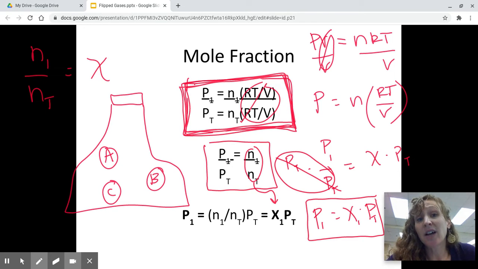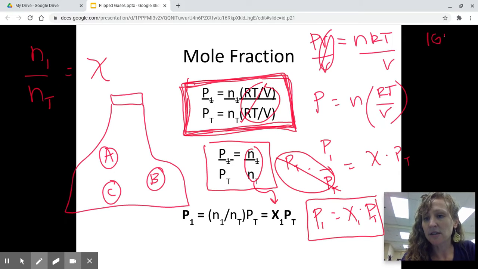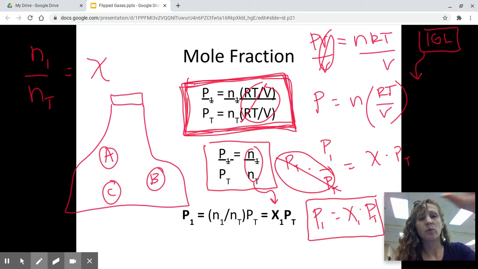So we've done this a couple times now. We've taken the ideal gas law, and we've derived out a couple things. The first thing that we can derive out of the ideal gas law is all the individual gas laws: Boyle's law, Charles' law, Avogadro's law, and any other combination that you want to make up.